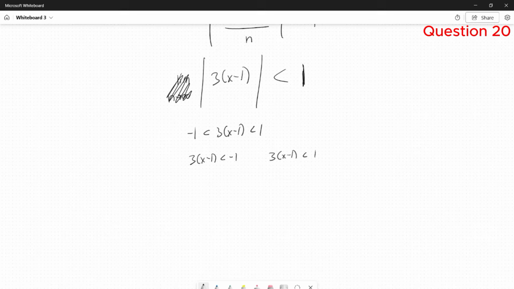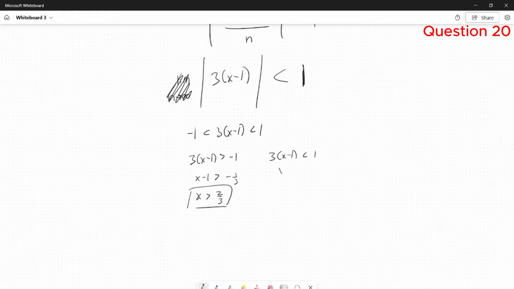So x minus 1 would be greater than -1/3, so x is greater than 2/3. The inequality is greater than because -1 is your lower bound.